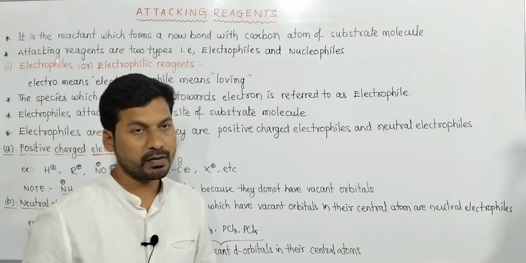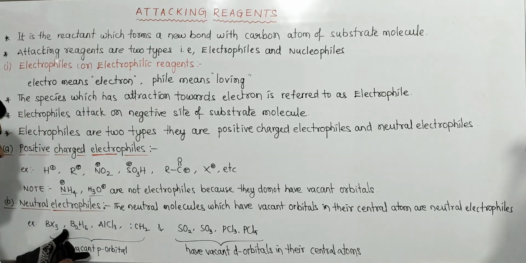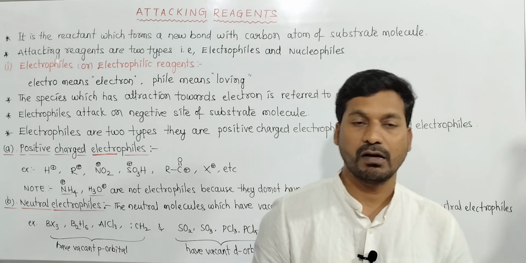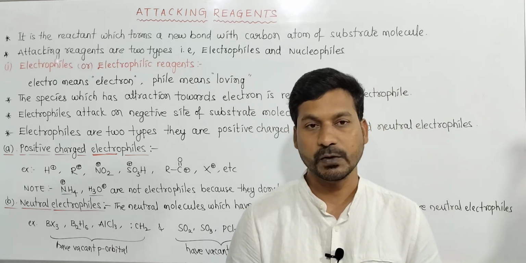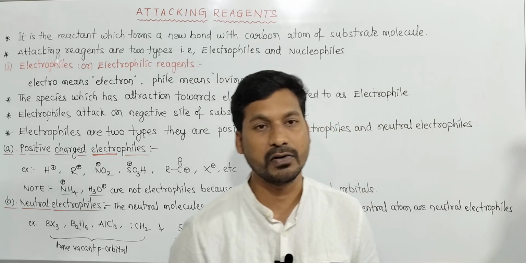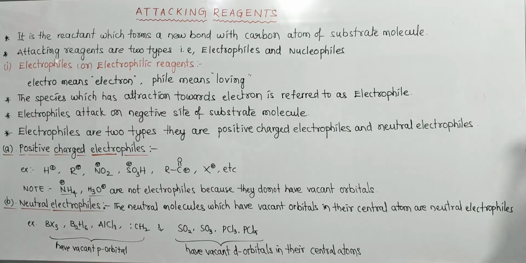With their vacant d orbitals they can accept electrons, that's why they are neutral electrophiles. They do not carry any charge, but they act as electron seeking species. So electrophiles are of two types: positive charged electrophiles and neutral electrophiles.